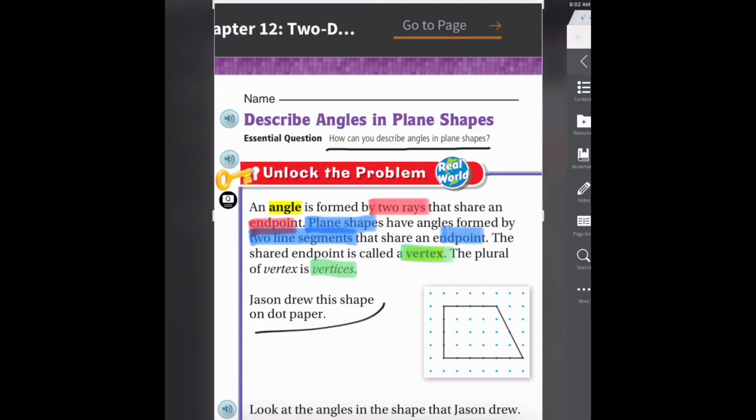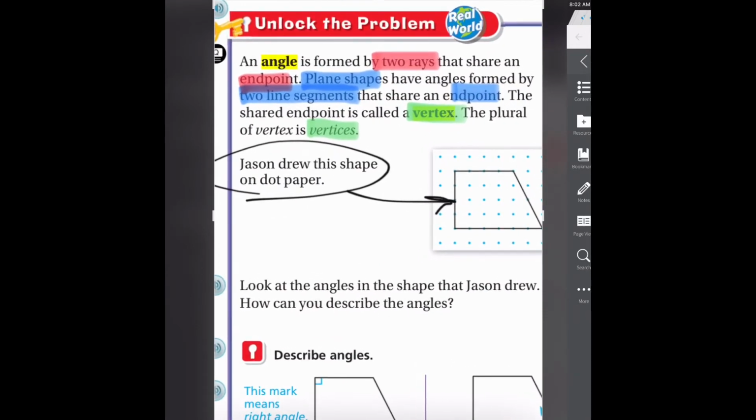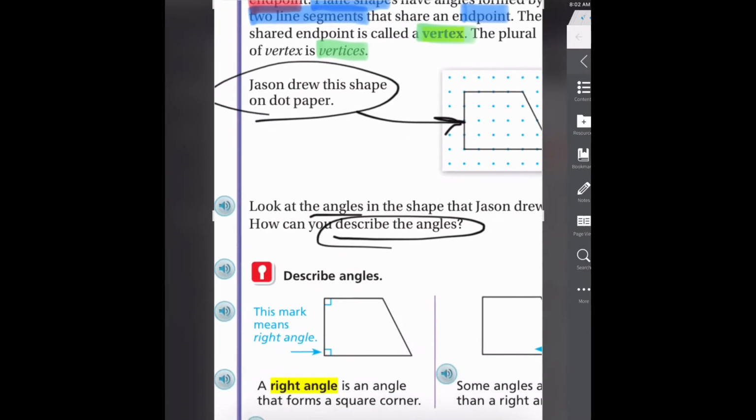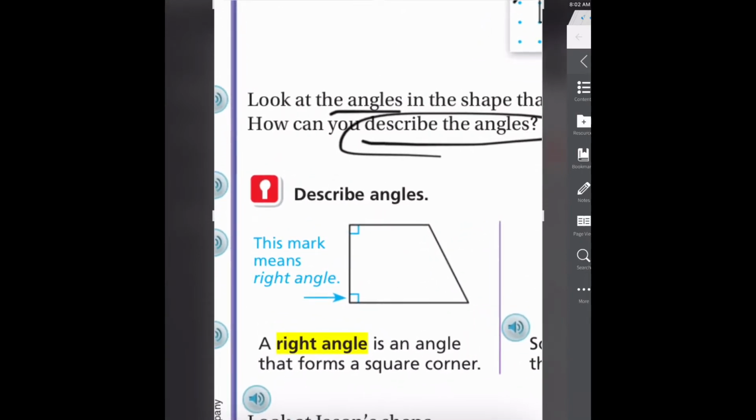All right, let's look at the problem here. It says Jason drew this shape on dot paper, and what it wants us to do is look at the angles in the shape that Jason drew, and how do we describe those angles? Well, we can describe angles three ways. We can look at a right angle, which is an angle that forms a square corner, just like on the corner of your paper or your book or your desk.